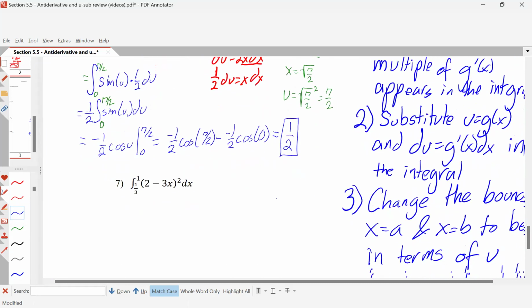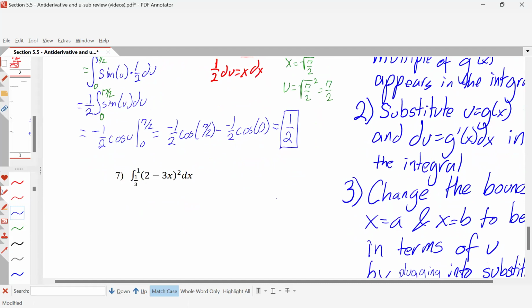All right. Third example. In this example, we have an integrand that we could expand.